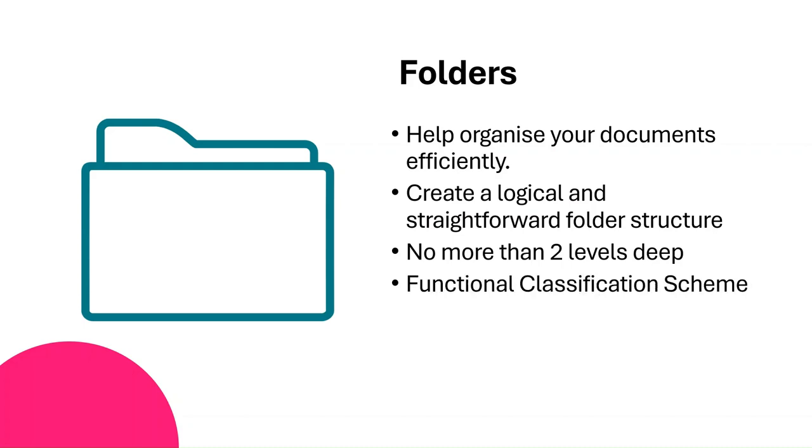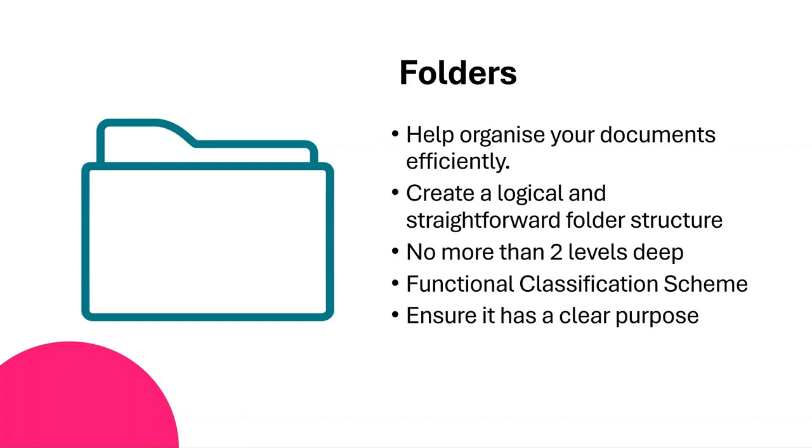When setting up folders, consider using a functional classification scheme. This means organizing folders based on the functions they serve or the topics they cover within different departments or projects. For example, within a marketing department's document library, you might have top levels such as campaigns and market research, with subfolders under campaigns named Quarter 1 campaign and Quarter 2 campaign.